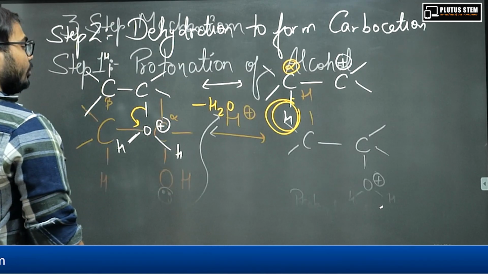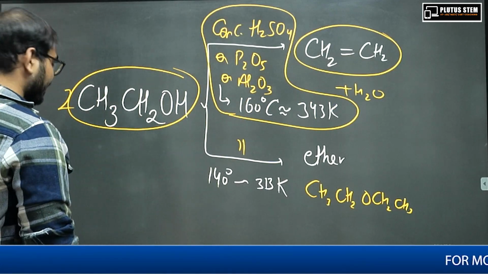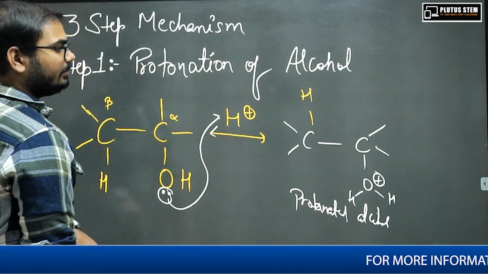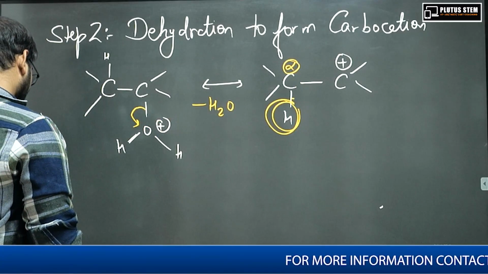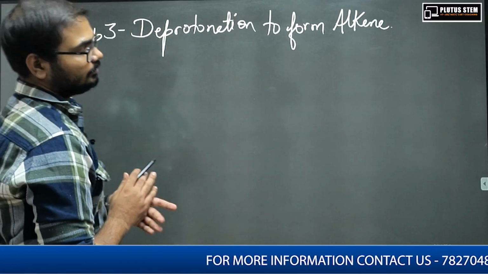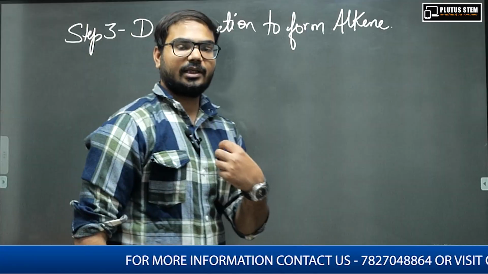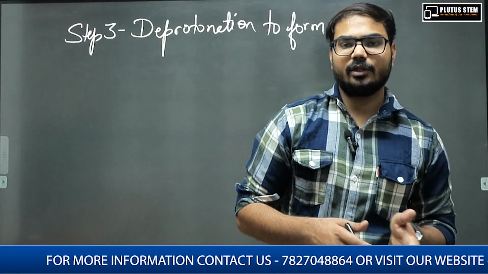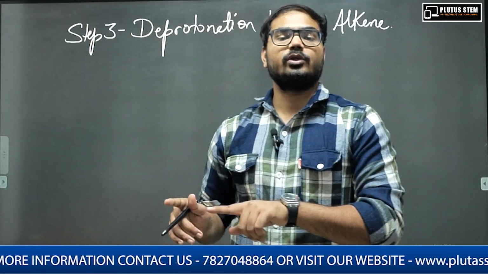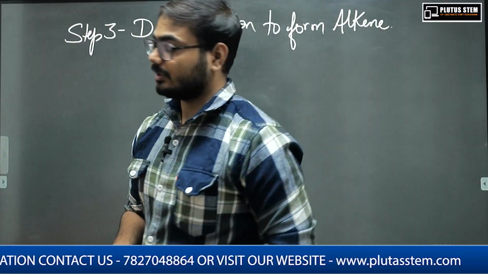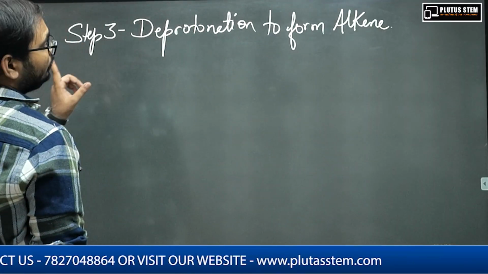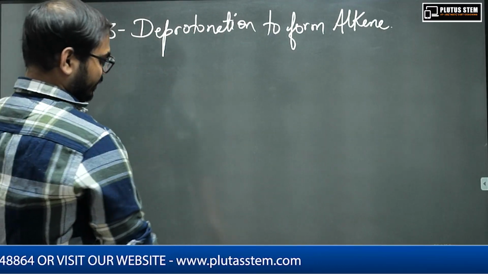And the proton that you have utilized in the very first step needs to be given back to the reaction solvent. So remember, whenever you are doing a mechanism, whatever you are utilizing, you should also give it back to the solution or the solvent. So the last process is your deprotonation.